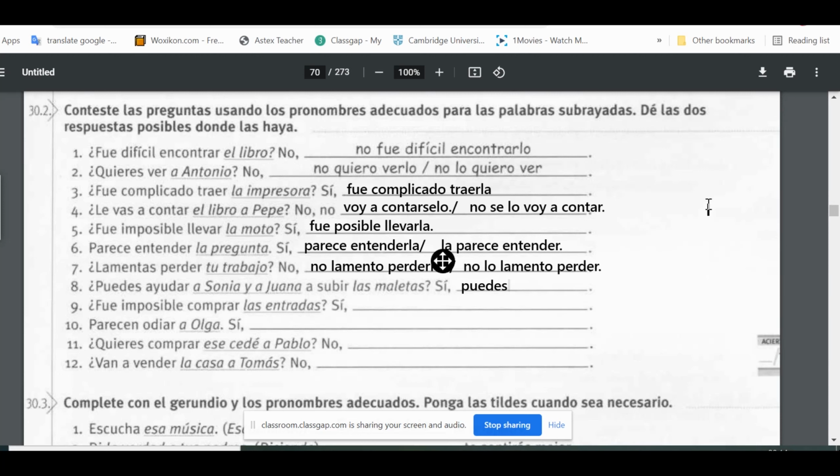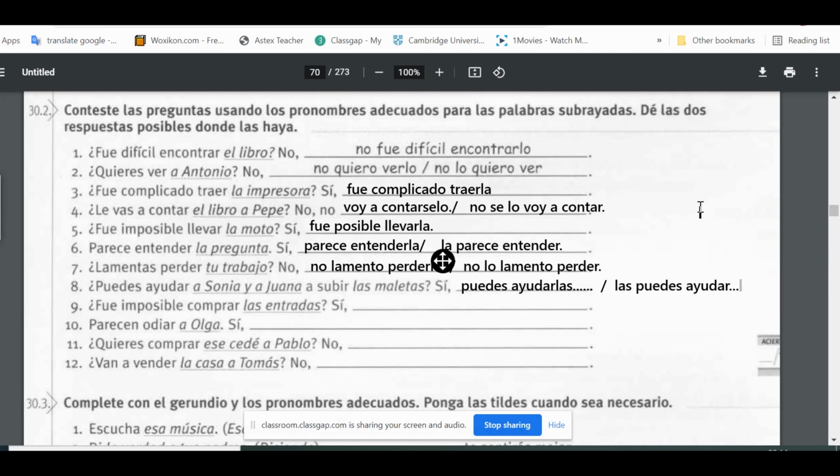Don't worry about "las maletas." Just "a Sonia y a Juana." So that will be "las," because it is "las." Okay. "Puedes ayudar las."